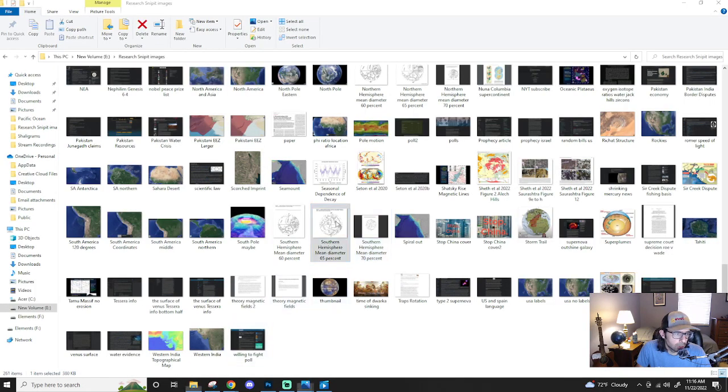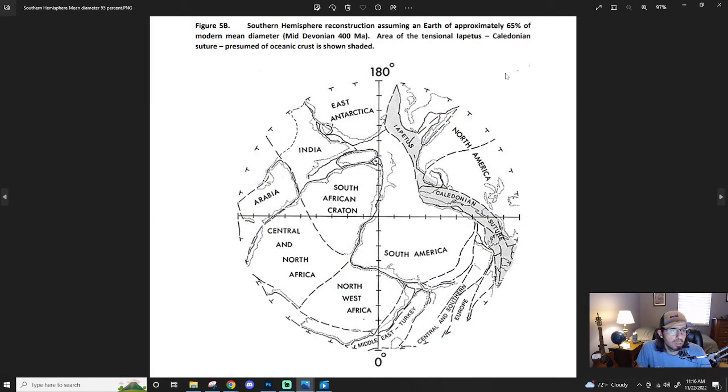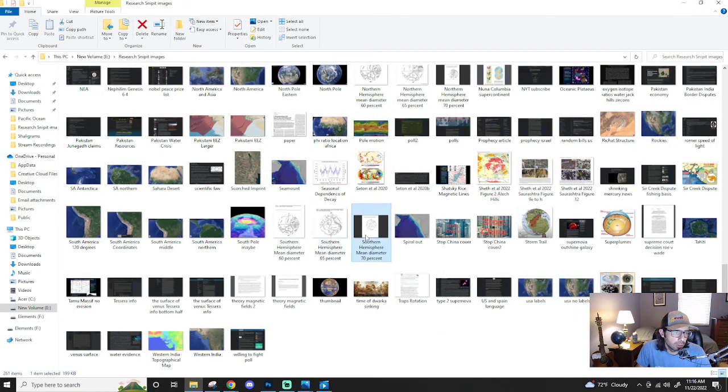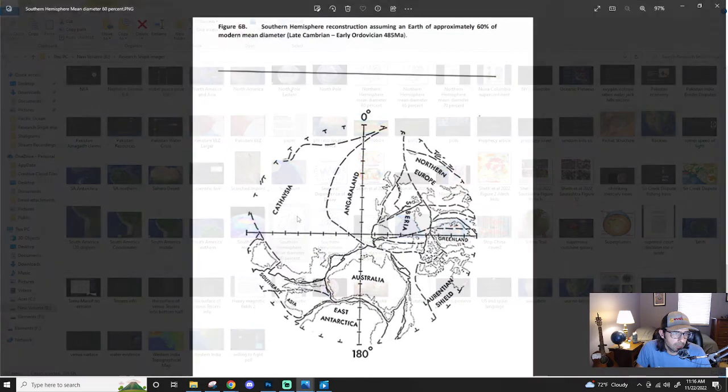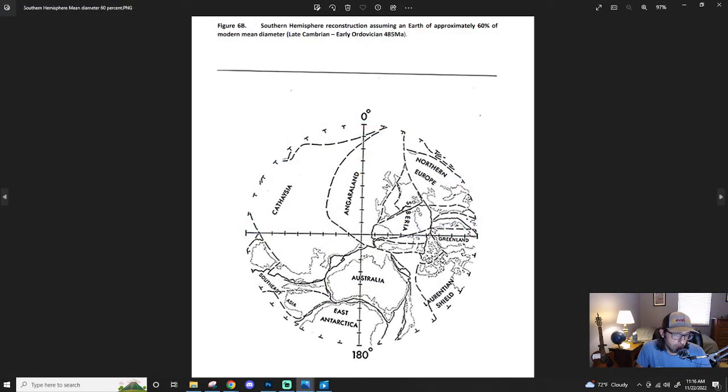let's look at some more southern hemisphere. This is 400 million. 325. So this is early. It's pretty much as it was. Currents start flowing. Okay, so this is probably pretty accurate, honestly, now that I've thought about it.